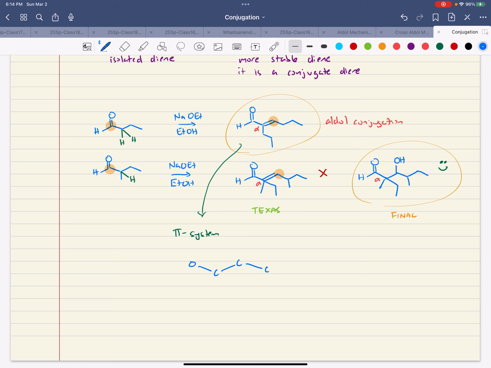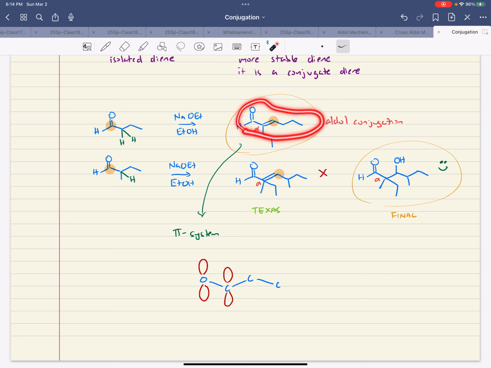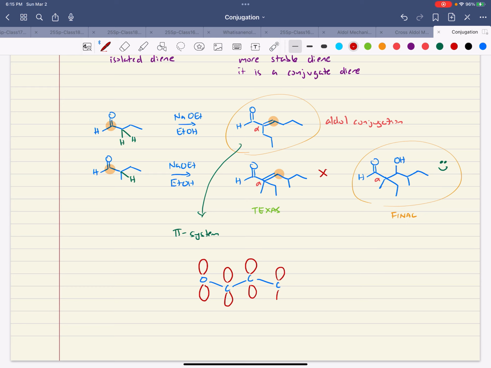That oxygen right here is sp2 hybridized, and so let me draw the p orbitals. We have 4 atoms in conjugation. That carbon next door, sp2 again. All I'm doing is looking at this here: sp2, sp2, sp2, sp2.